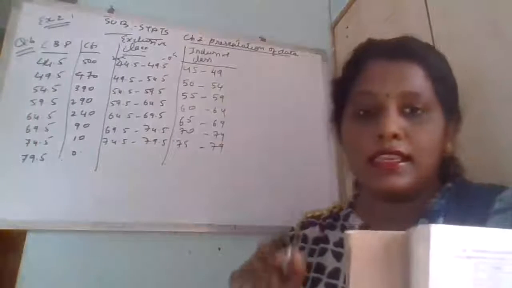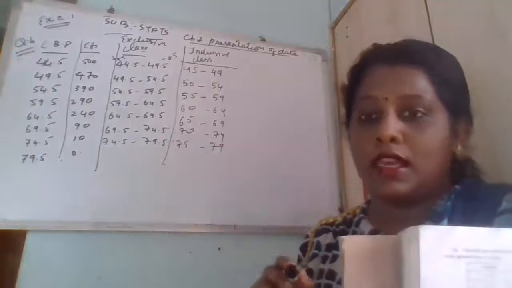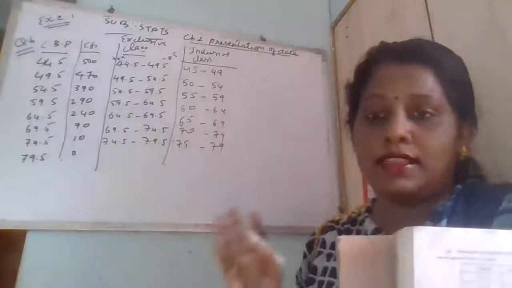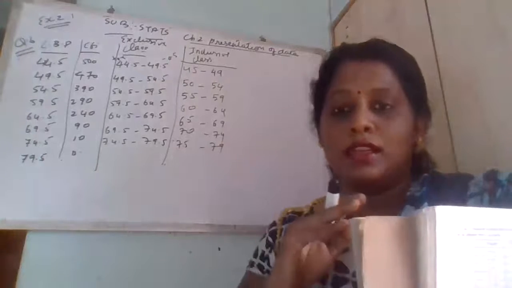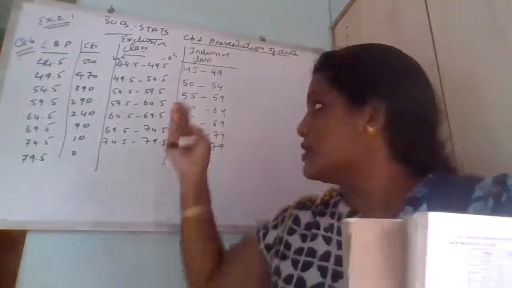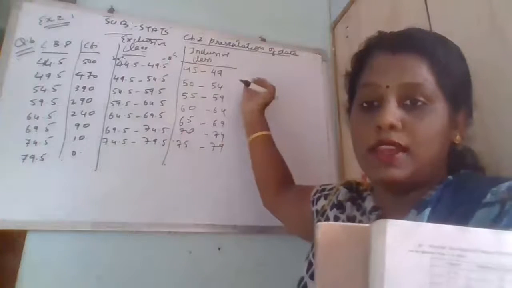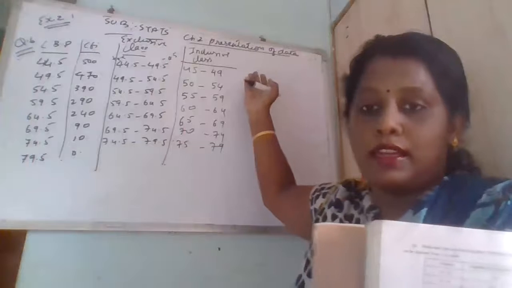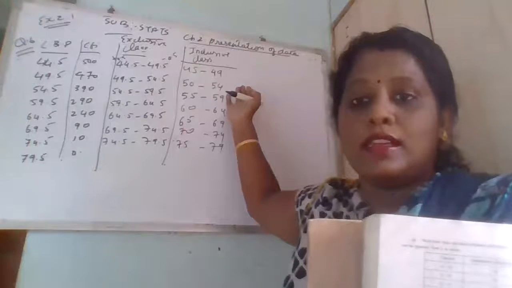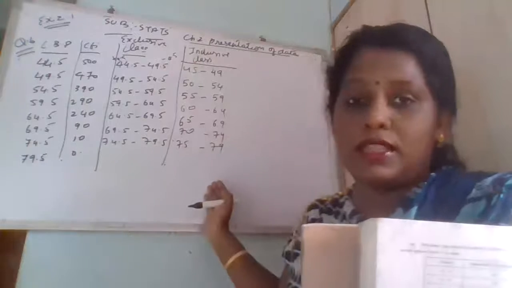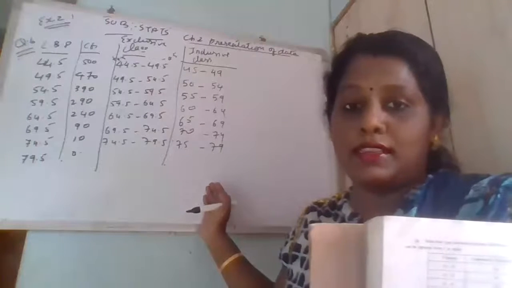This is the easier way. If you are finding horizontally, that will be much clearer for you. In inclusive type, if you look at your class length in the vertical way, you will not get the correct class length. So it's always better to find it in a horizontal way so that you get your class length easily.